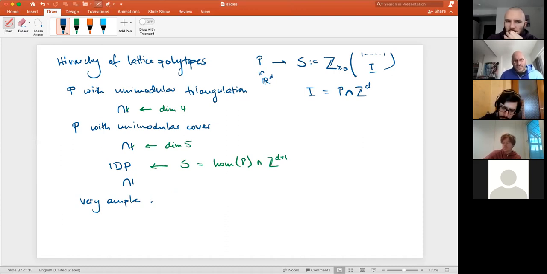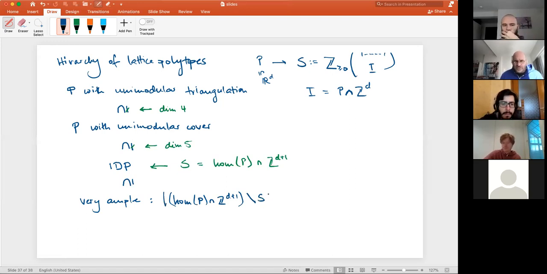So what that means is that in general, the semigroup S lives in this other semigroup, the integer points in Hom P. And so you might say, if they're not equal, what's the difference?